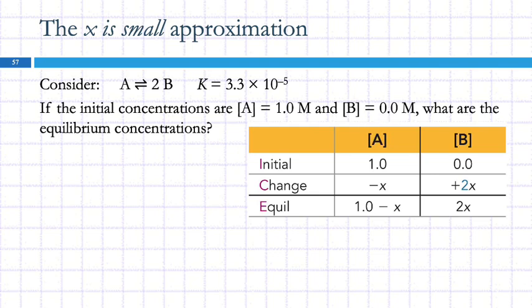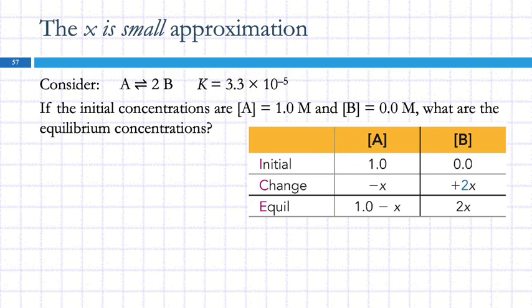And just to give you an idea of what we mean by a large concentration, 1 molar is actually a very large concentration for most of the things that we see. Even 0.1 molar is still fairly large, okay? 0.00001 molar would be considered small, okay? So this is a large concentration. This is a small equilibrium constant.